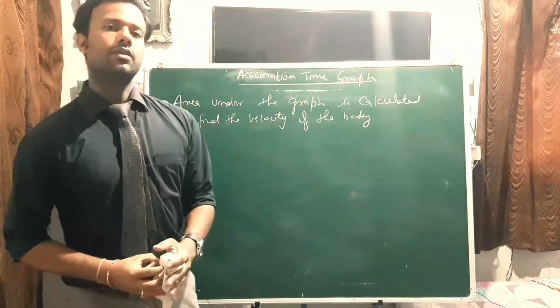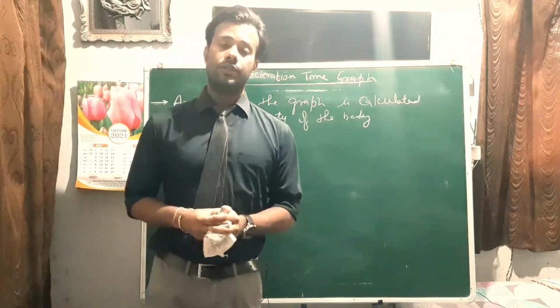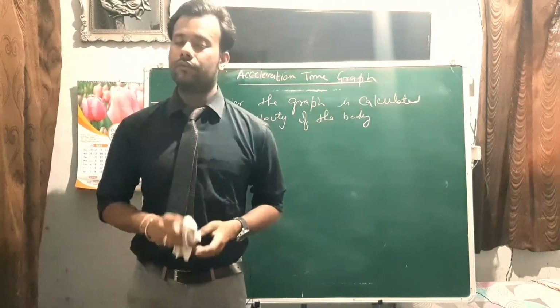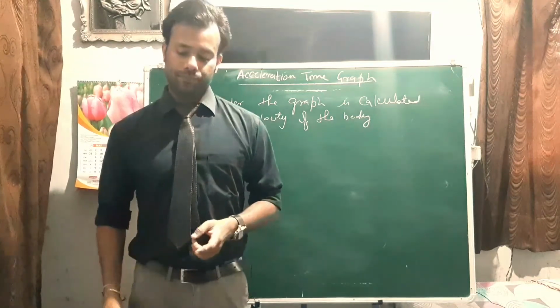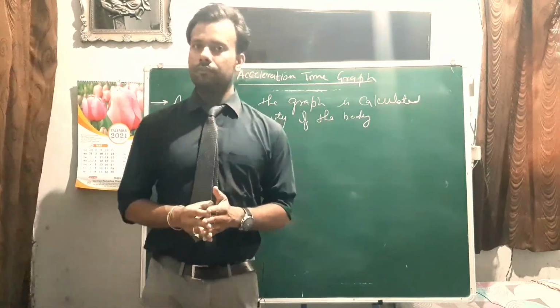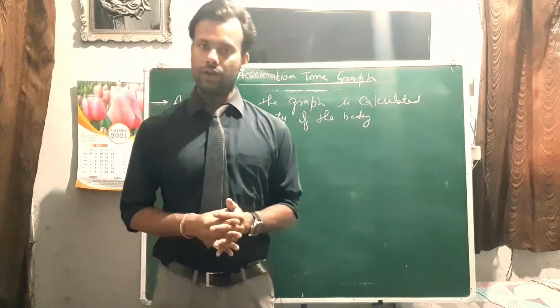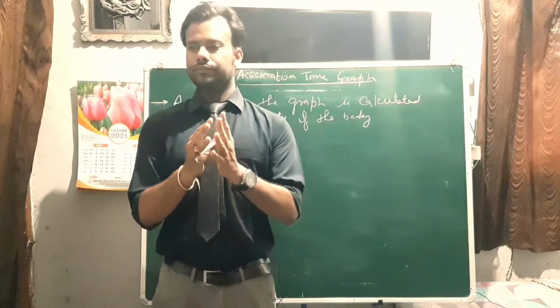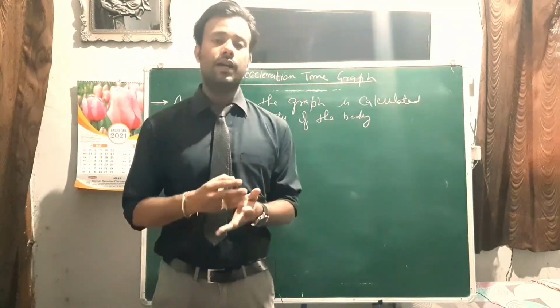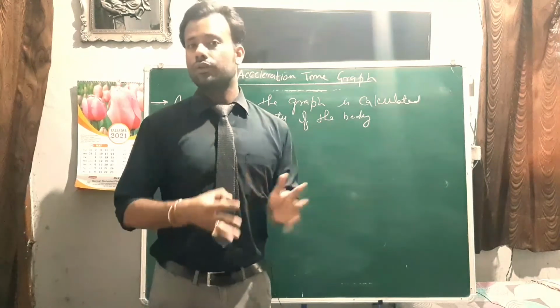So if you want to find the velocity, just find the area under the graph of acceleration versus time. So today I have completed all of these three graphs. You'll get more idea of these graphs when we do some numericals based on them.